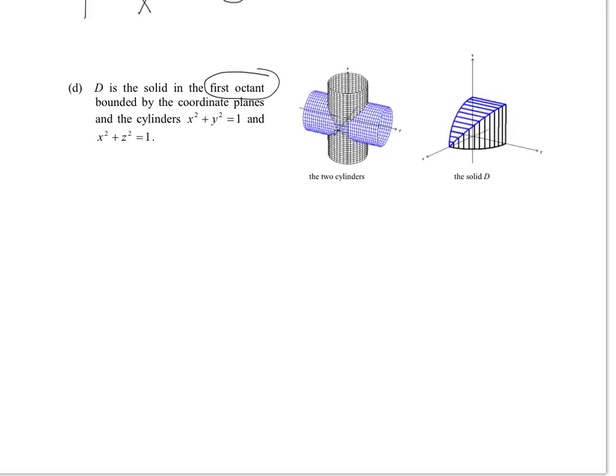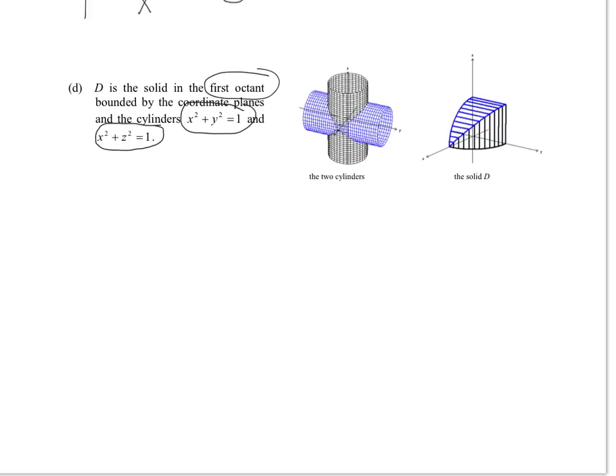So in other words, above the xy plane, to the right of the xz plane, and in front of the yz plane. So the coordinate planes are all boundaries, and in addition, the cylinder x squared plus y squared equals 1 is a boundary, and the cylinder x squared plus z squared equals 1 is also a boundary.